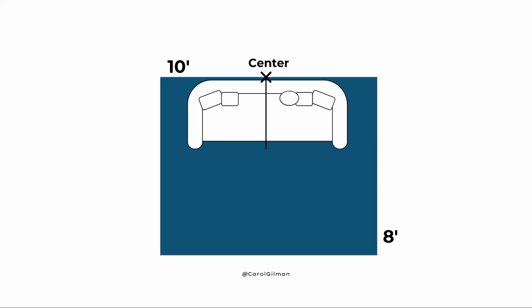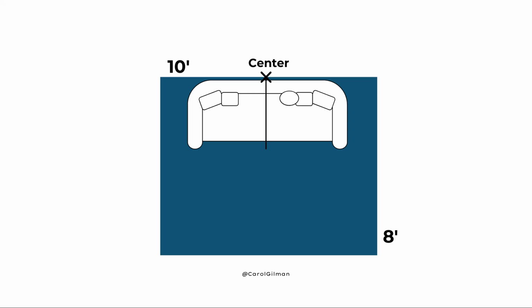The reason I'm doing this is that the sofa is a long piece of furniture, so I'm repeating the longness of that sofa in the same direction as the area rug. There are other ways to lay out your area rug, but one way I always start with is just matching the direction of the area rug with your sofa.